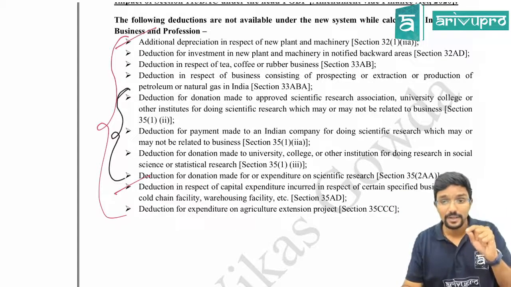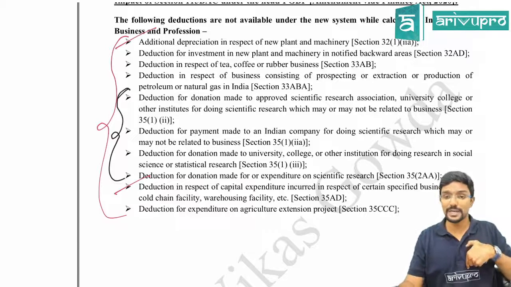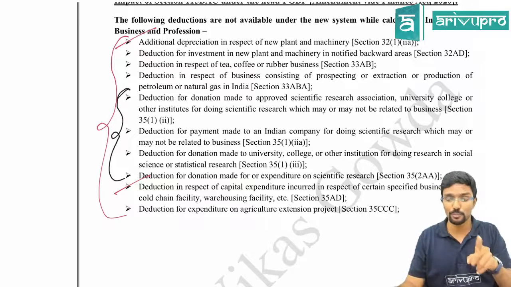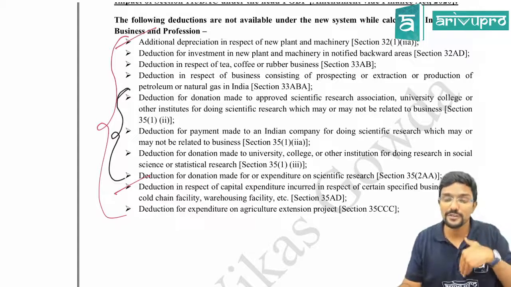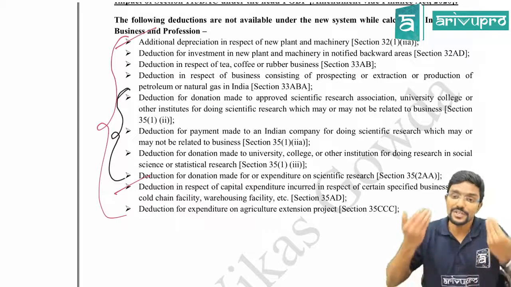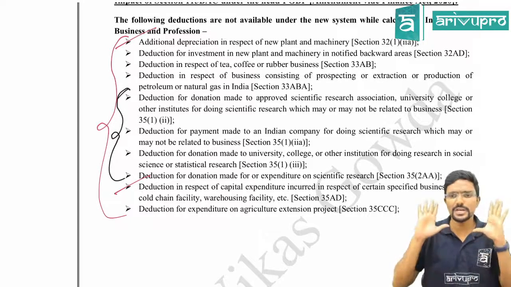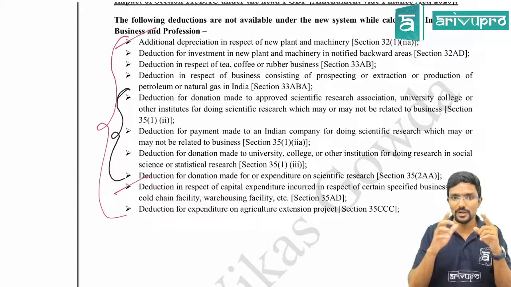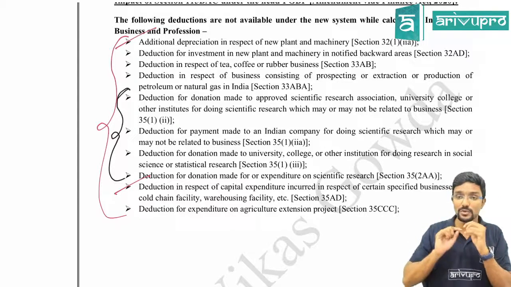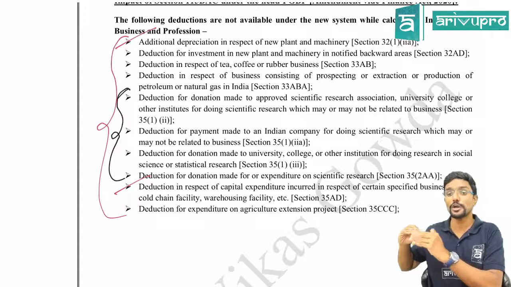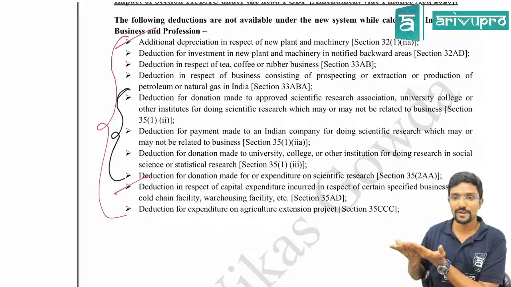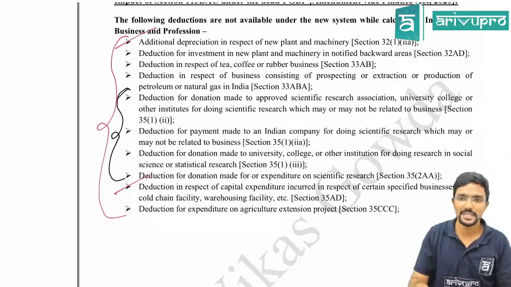But here, if you yourself are doing scientific research, that is not excluded. So please be careful. If you are opting for the new scheme and you yourself are doing scientific research, then you can claim deduction. Whatever 4 items are covered here apply only if you are making donations or contributions to an outsider for some research purpose. Clear, guys? And some more extra sections are covered.